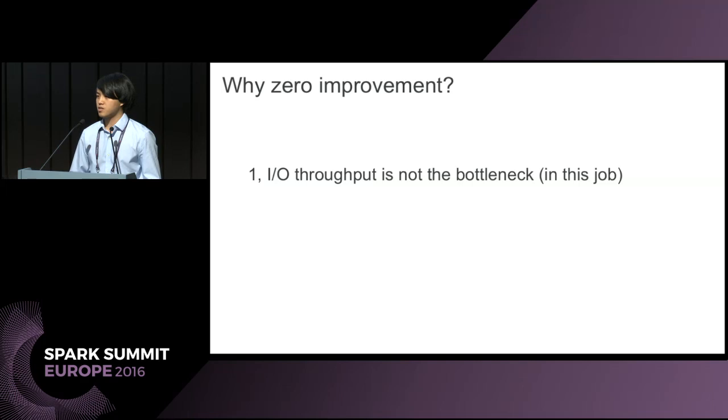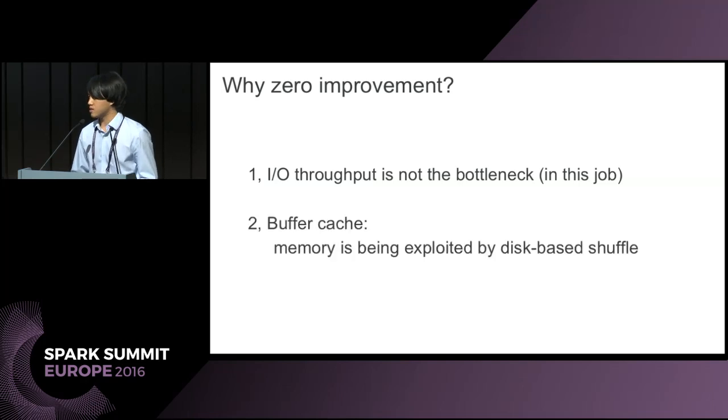It only uses 5% of the time. We also observe that even though we can have some jobs where our disk is going to slow things down, in a lot of cases it can hit the OS buffer cache. It means that even when we are running this disk-based shuffle, we are already exploiting memory that gives you high throughput.